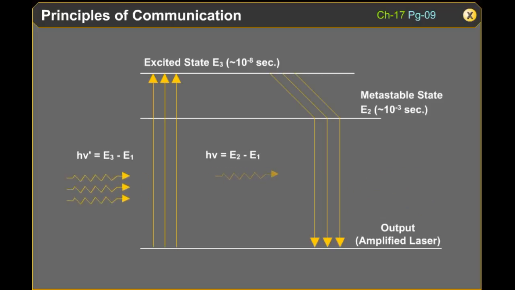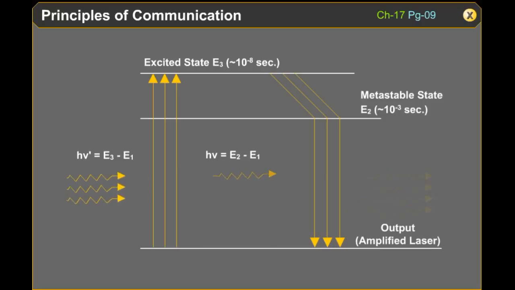The phenomenon of making the atoms in the higher energy state more than in the lower energy state by induced absorption is called population inversion. Thus, the incident photons interact with a large number of atoms in the excited state.